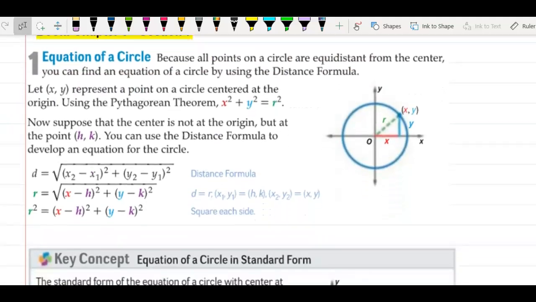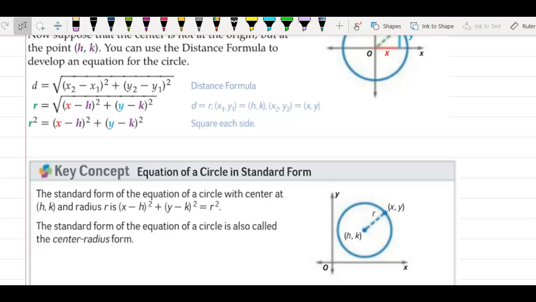So the big equation that we're worried about is right here. This is our equation of a circle. So x minus h, y minus k, square them, equals r squared. The two things we're worried about in a circle are this h and k. Those are new. We haven't used an h and a k yet.